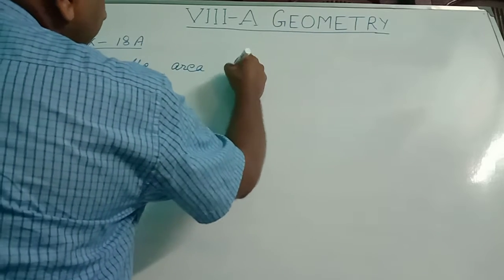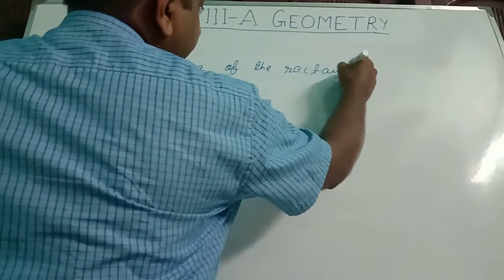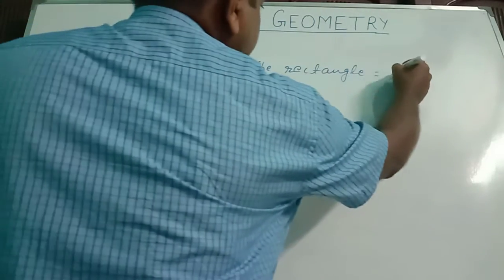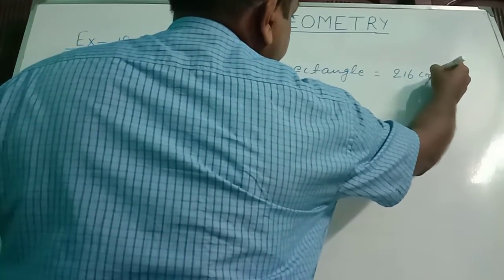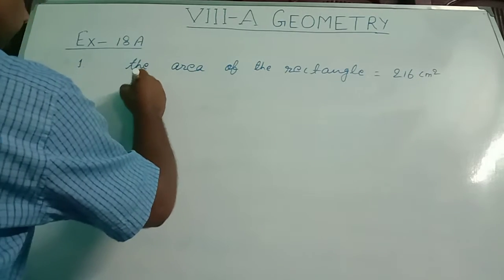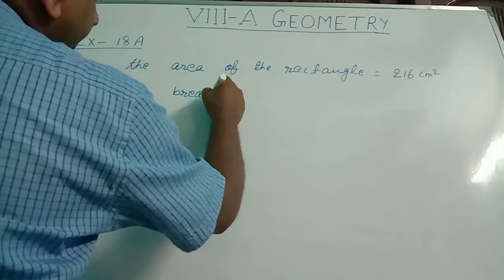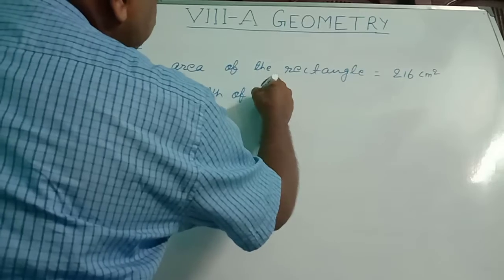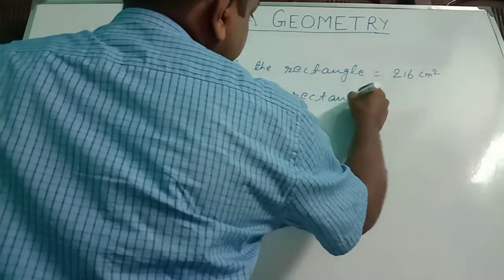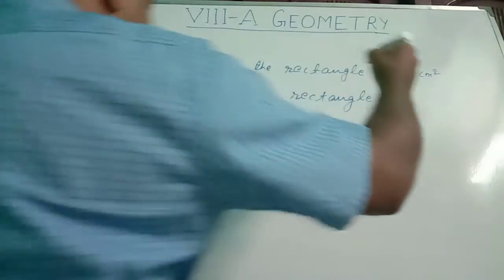The area of the rectangle is equal to 216 centimeter square and the breadth of the rectangle is equal to 12 centimeter.